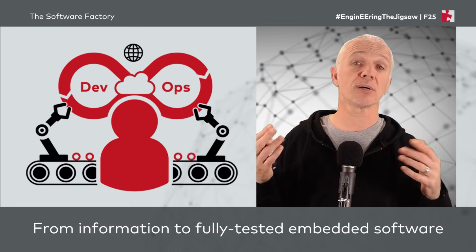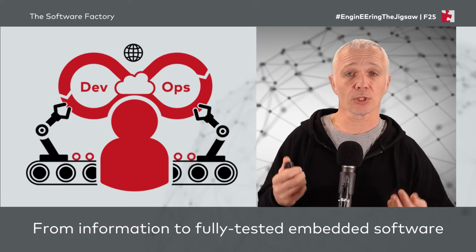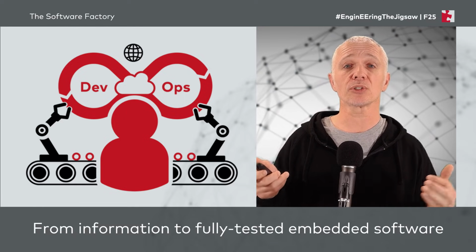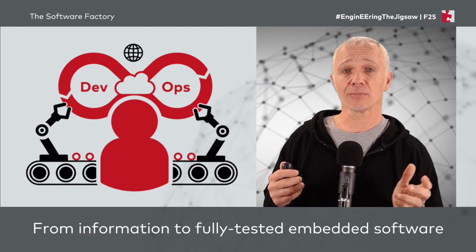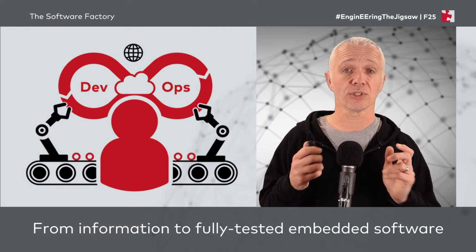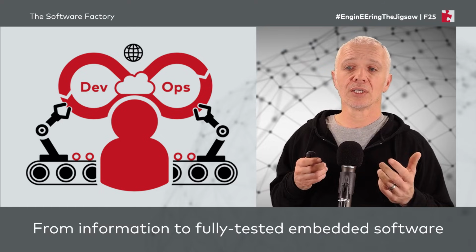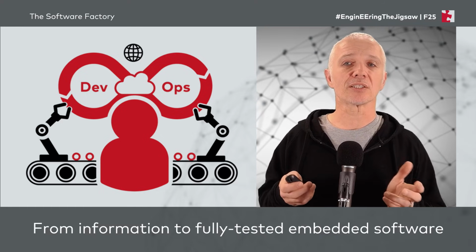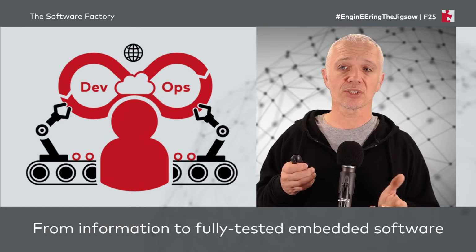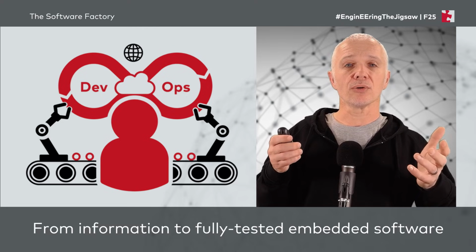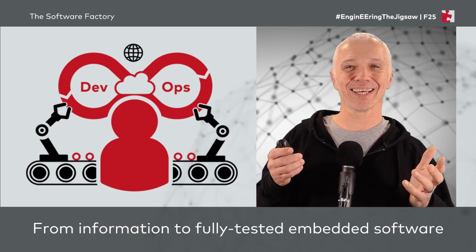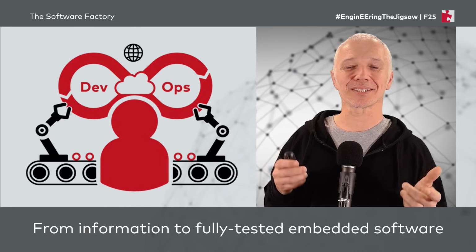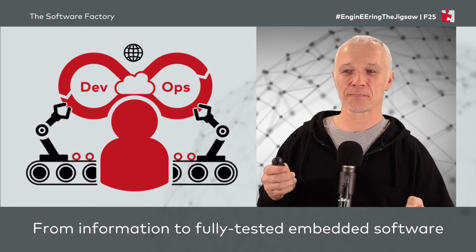The information might be new ideas for things that we want to put into our system. It might also be information that we've gathered via observability to make decisions or to fix issues that we've uncovered. So DevOps, in some way, is a machine that converts information to embedded software. Software Factory is a machine that converts information to fully tested embedded software.